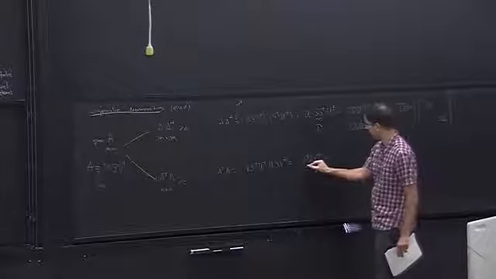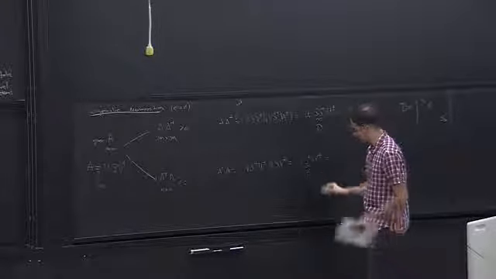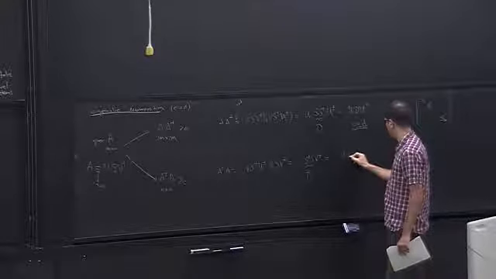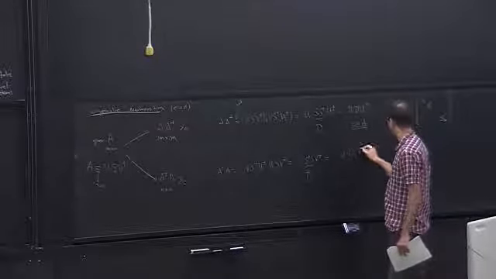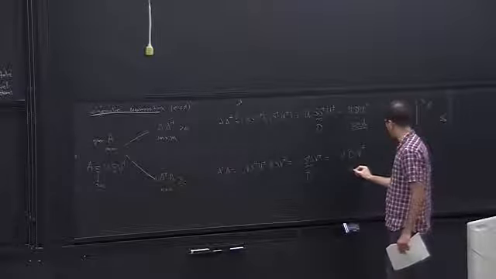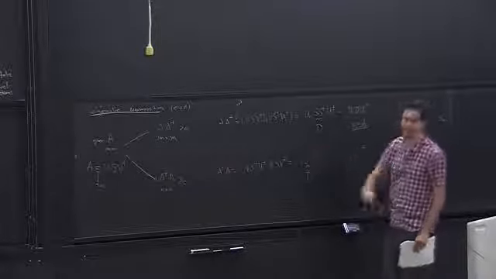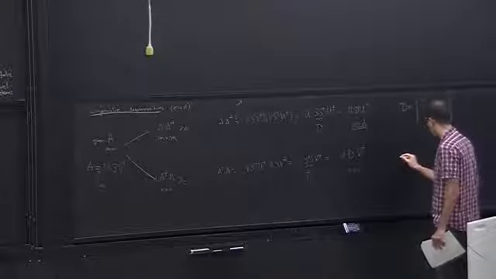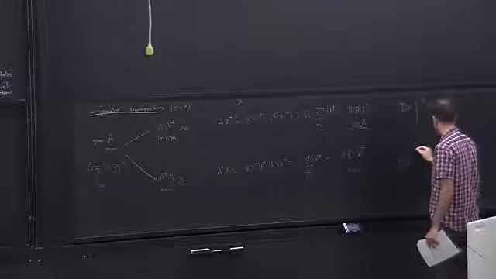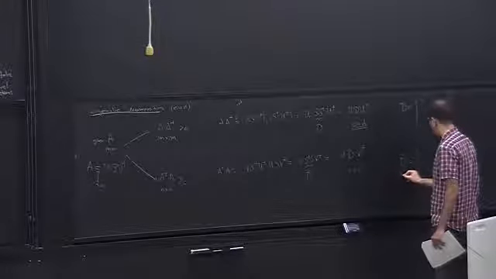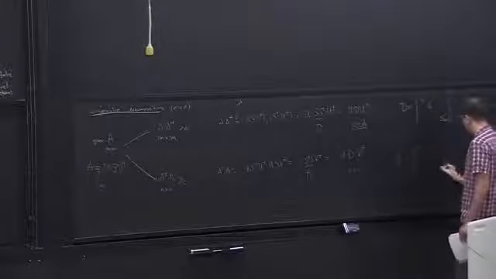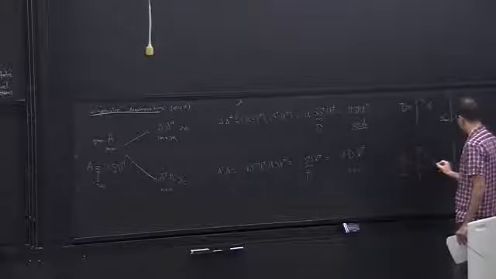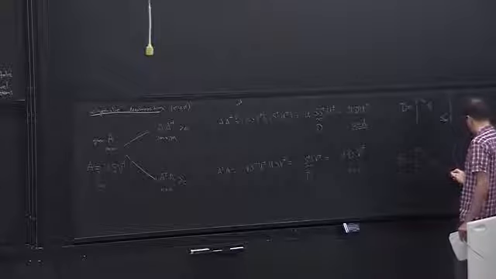And now if I define this as D tilde, then this is nothing but V D tilde V dagger, which is again an eigenvalue decomposition of A dagger A. Now this time D tilde looks like this. It's an n times n matrix, which has S1 squared, S2 squared, Sm squared, and then zeros.